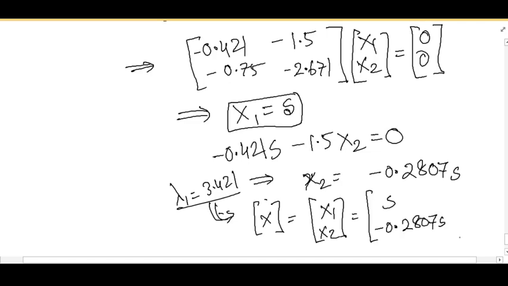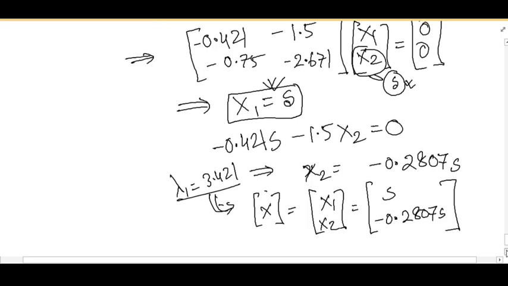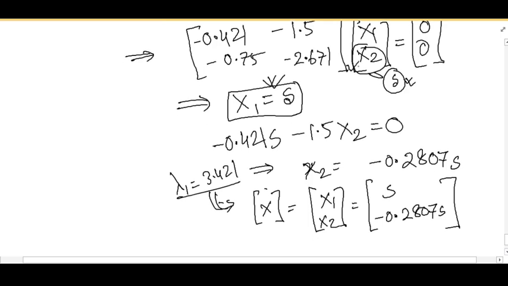Now you can ask, okay sir, why have we assumed this as s? We could also assume x2 as s. Yes, you can also assume that as s. It doesn't matter. If you use that one as s, the result will be similar.